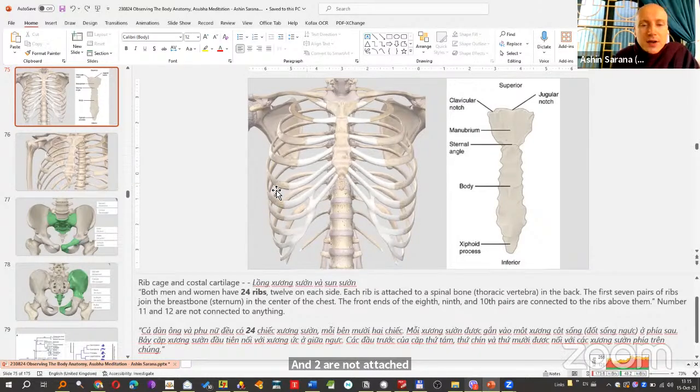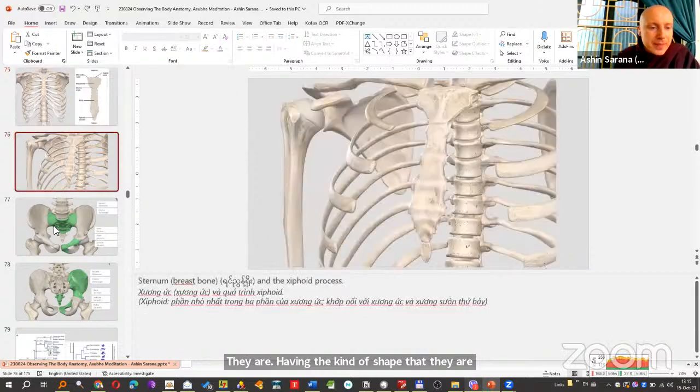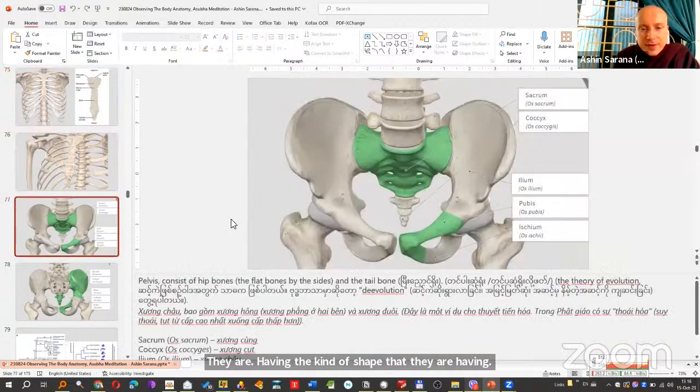So the ribs are not really coming in a nice regular shape. They have the kind of shape that they have. Not sure why.